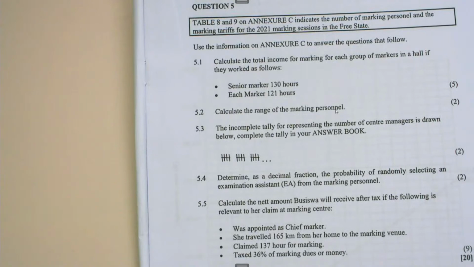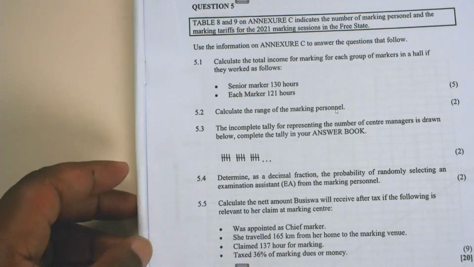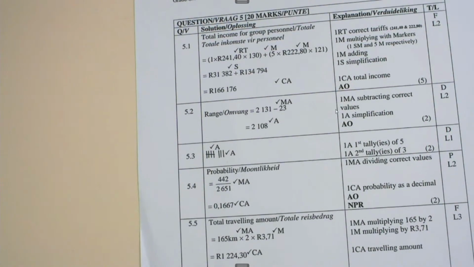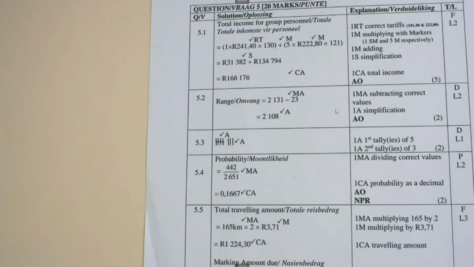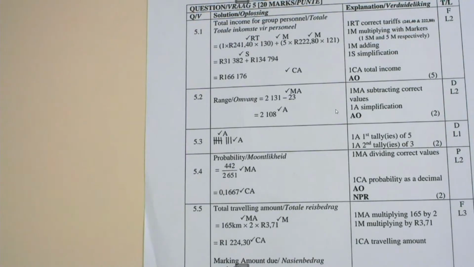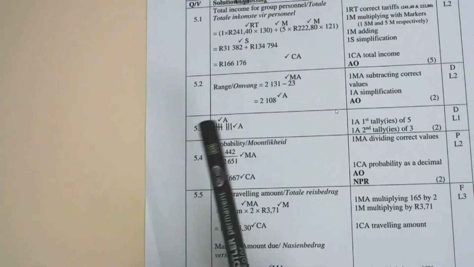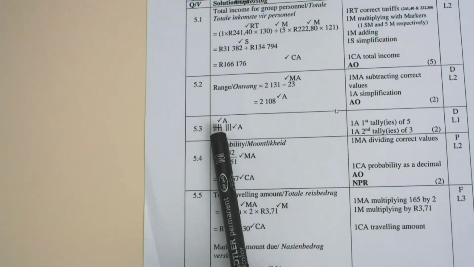It says the incomplete tally for representing the number of center managers is drawn below. Complete the tally in your answer book. So you're supposed to write in the answer book. Teachers, please make sure you check that. Now, when they complete, that is the answer for 5.3.